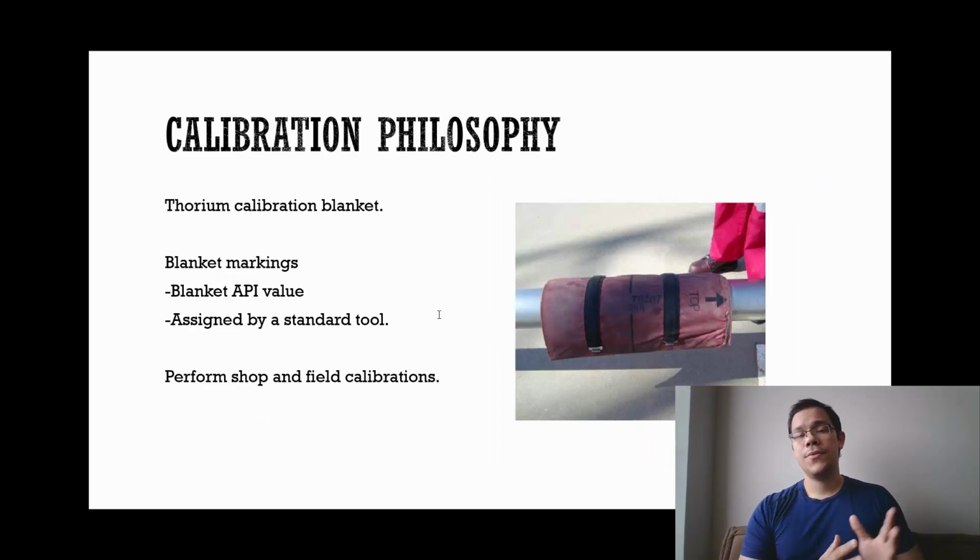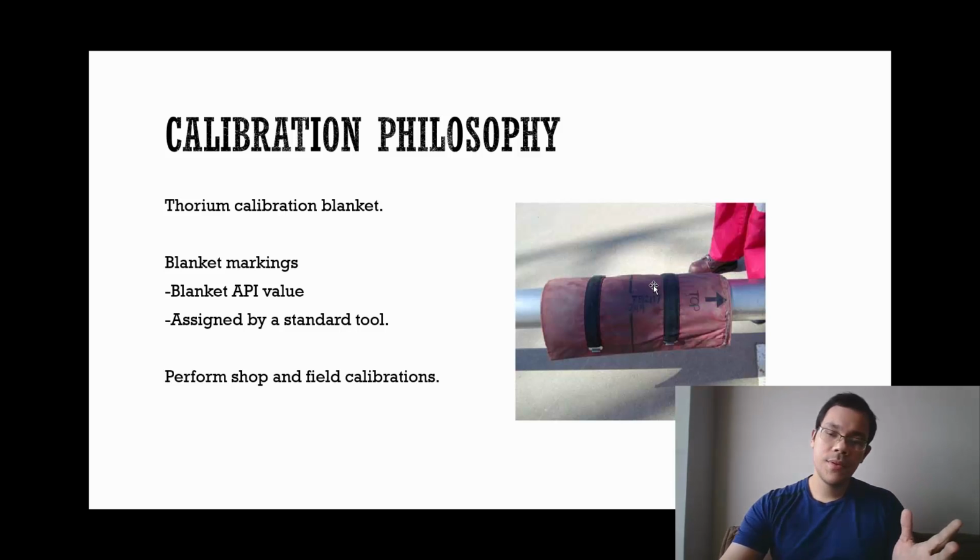The calibration. Remember the picture of the University of Houston pit? Well, since we cannot log every tool in there, we use a calibrator. This thorium blanket has a GAPI value, and when we are performing the calibration, we're basically telling the tool, okay, if the GAPI value, for example, is 200, read 200 in this case.